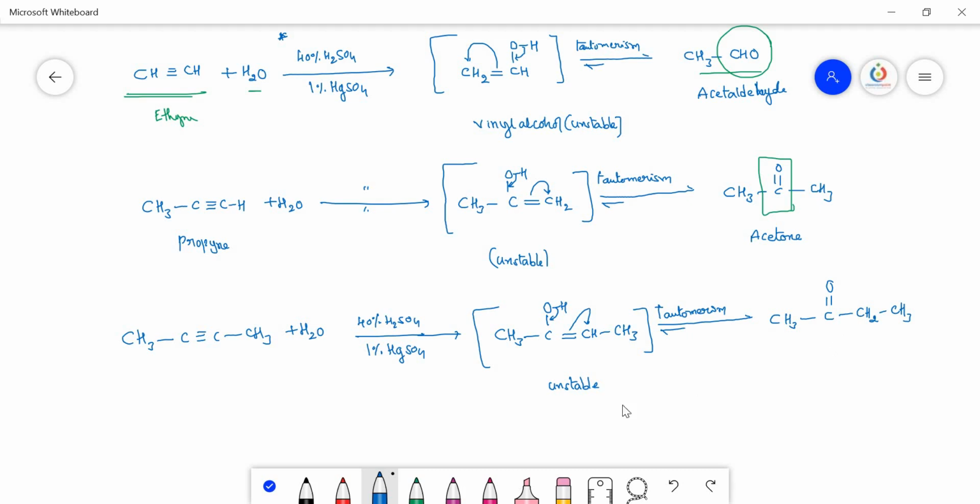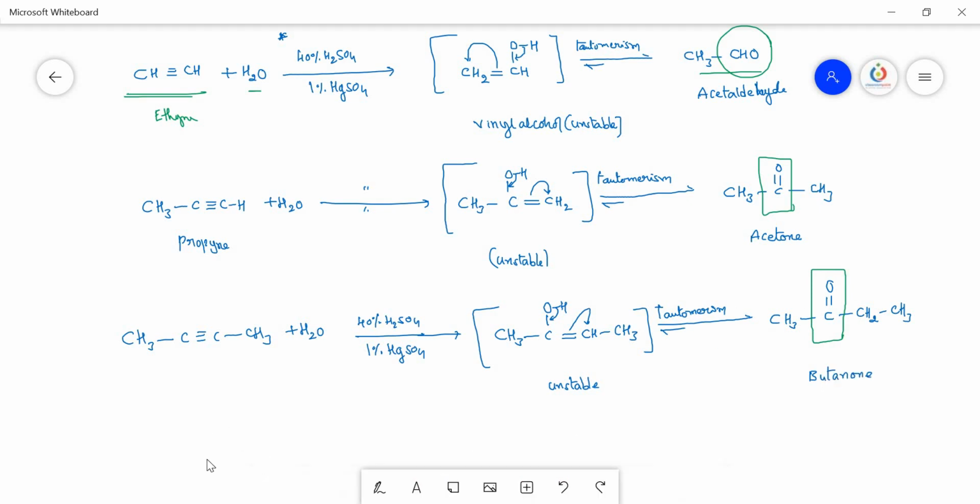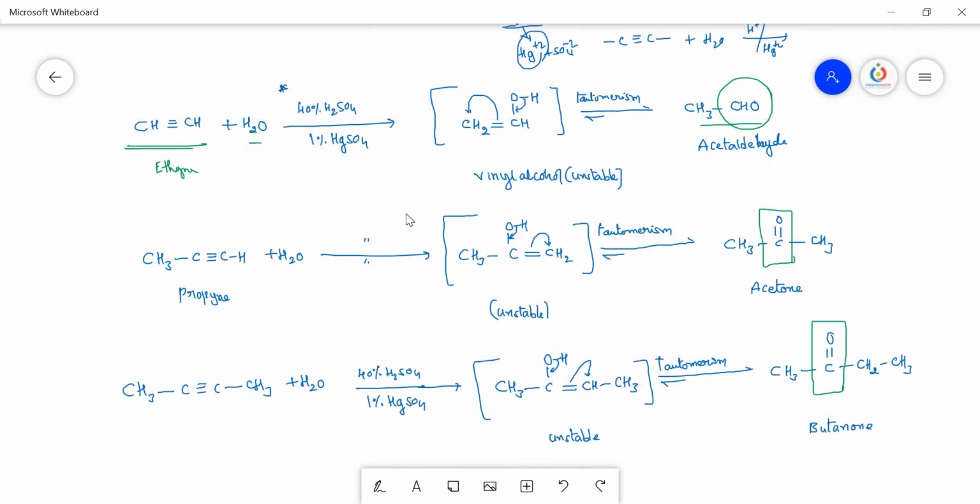So here also you can see what type of functional group has been formed, ketone again. This is the molecule butanone. It is also a ketone. So any type of alkyne on hydration produces a ketone, except ethine, which produces an aldehyde molecule.